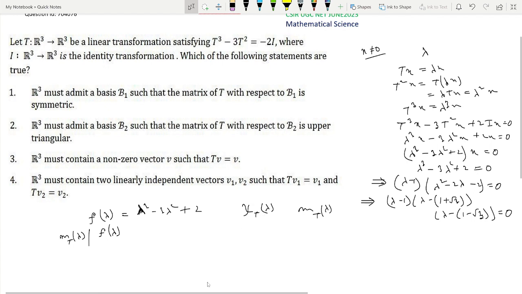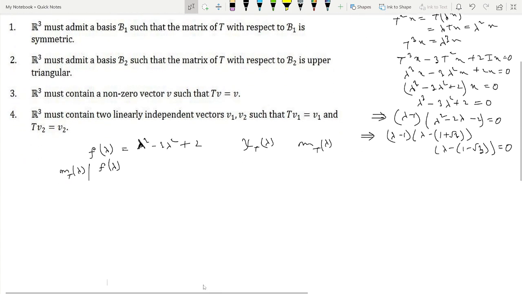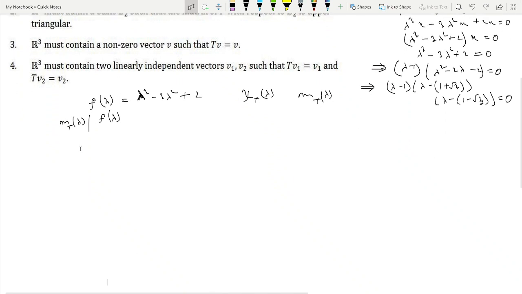So now let us write all the possibilities for m T lambda, and the corresponding chi T lambda. First of all, m T lambda may be lambda minus 1, and that means 1 is the only eigenvalue of T, so since T is an operator on R3, chi T lambda must be lambda minus 1 whole cube.